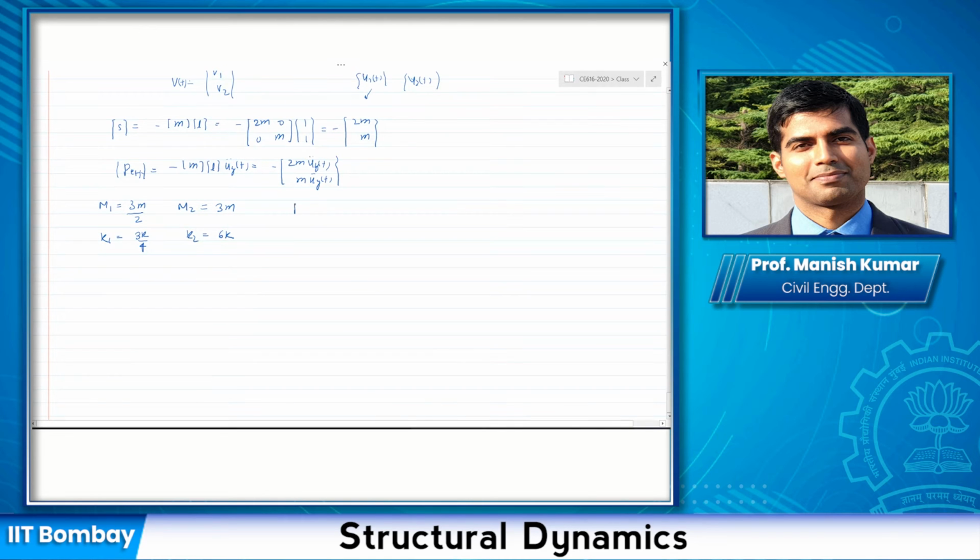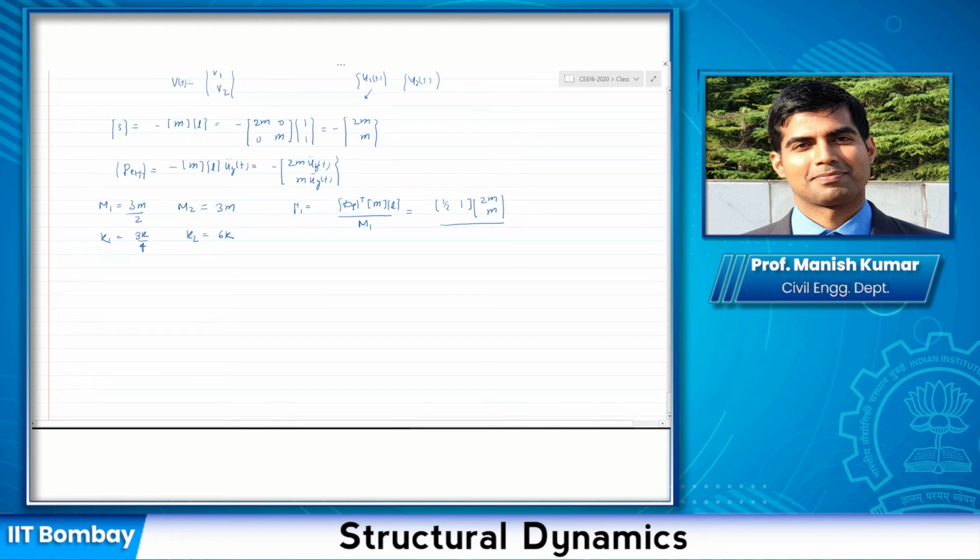Let us say gamma 1 would be phi 1 transpose times the mass matrix times L divided by M1. So let us see what we get. Phi 1 transpose mass times L is 2m, m. Well, there is a negative sign here, but the factor does not have any negative sign.